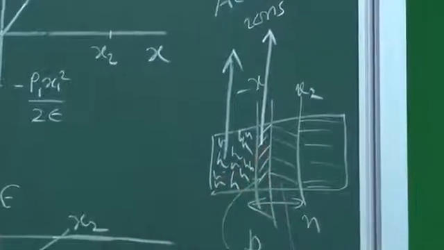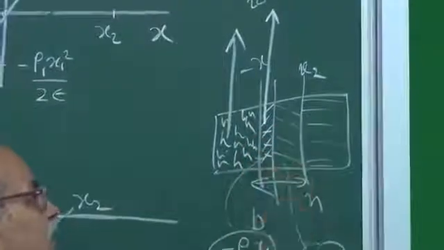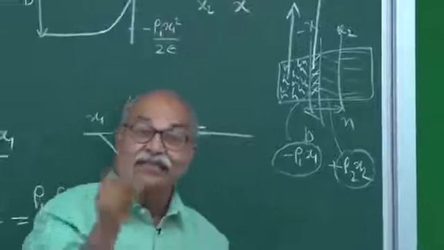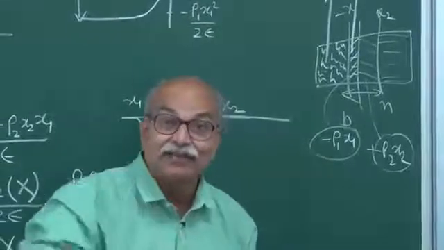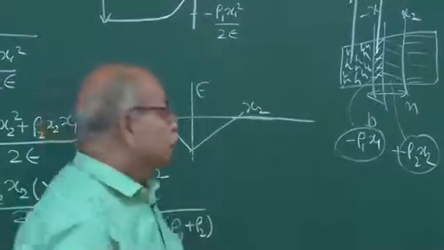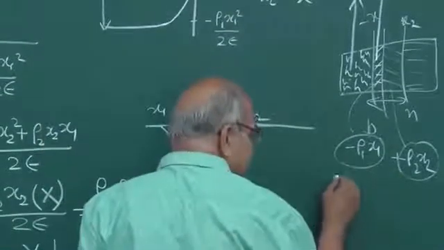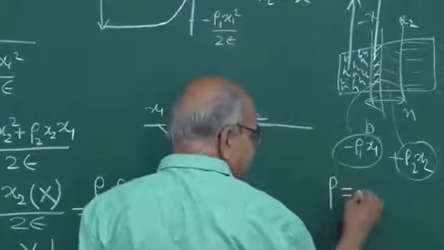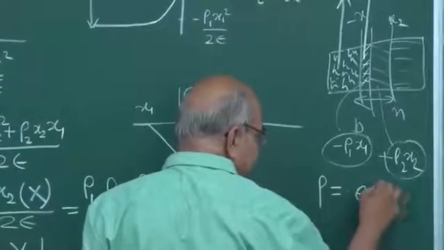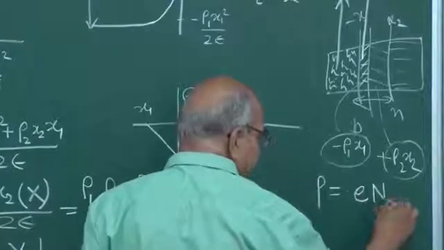Therefore, you have this negative charge. All right. So each acceptor ion which is sitting there in the depletion layer is giving you 1 unit of negative charge. So the charge density will be just E times this density of acceptor ion.